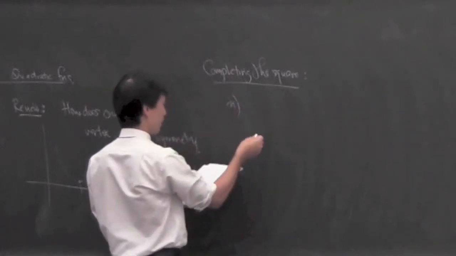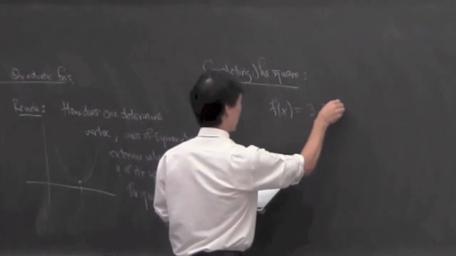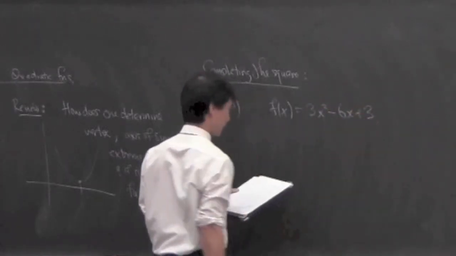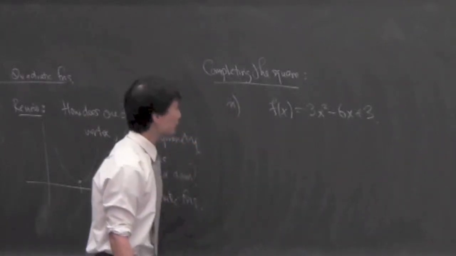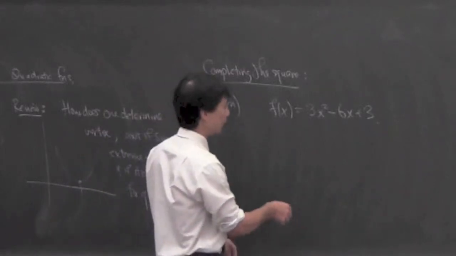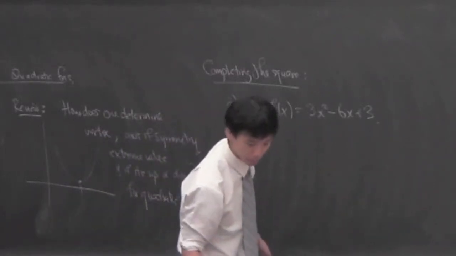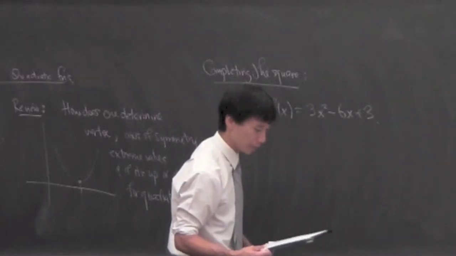So here's an example. f of x is 3x squared minus 6x plus 3. Well, in fact, in this one, I would not even use completing the square. Maybe I should change it a little bit.